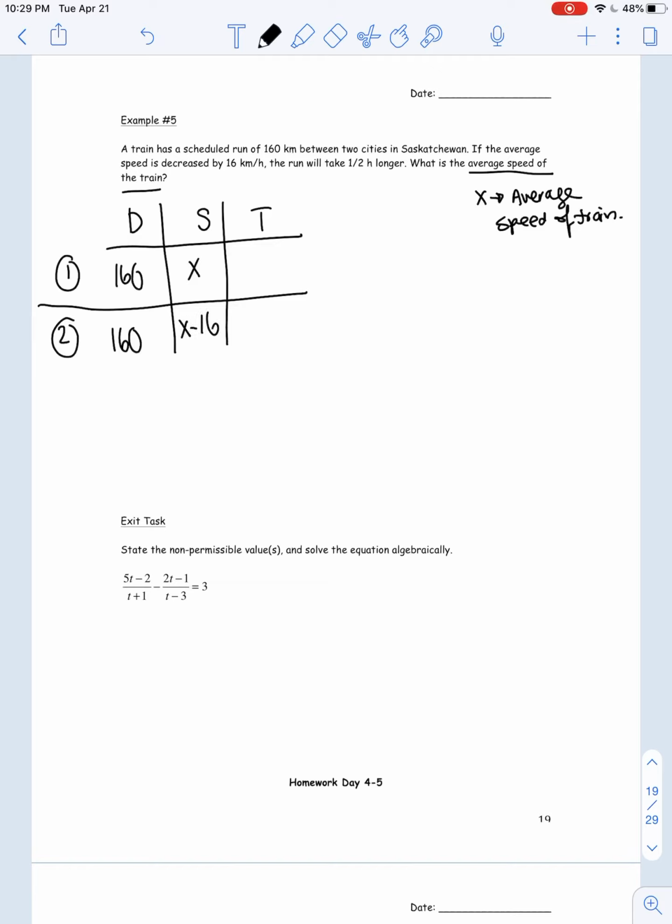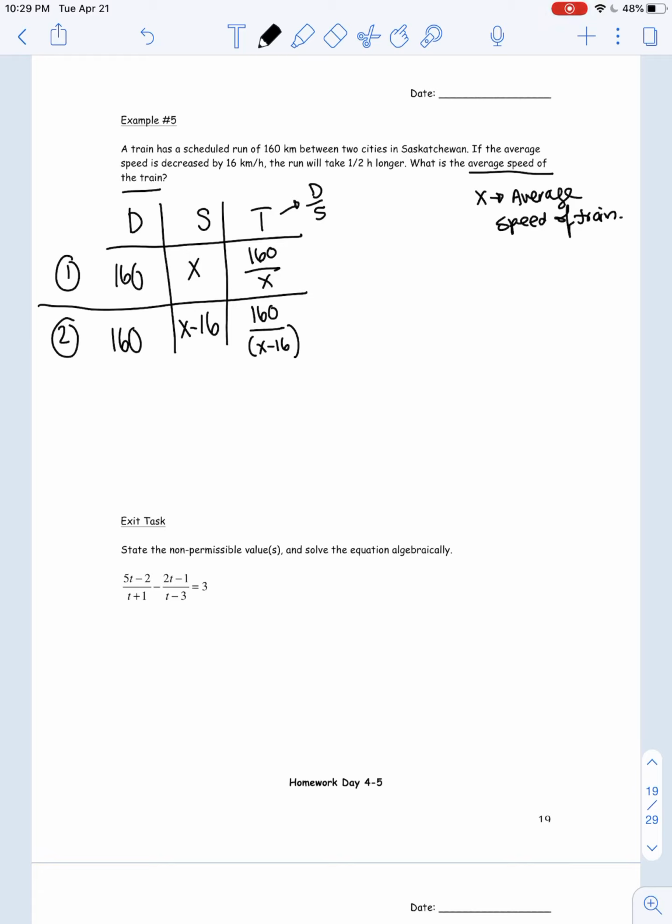So you're going to go x minus 16. Time, guys, is always equal to distance over speed. So you're going to take 160, which is our distance for the first trip, and we're going to divide it by our speed, which is unknown, so we call it x. Our second trip is where we slow down our speed, and we're going 160 for distance and speed, x minus 16.